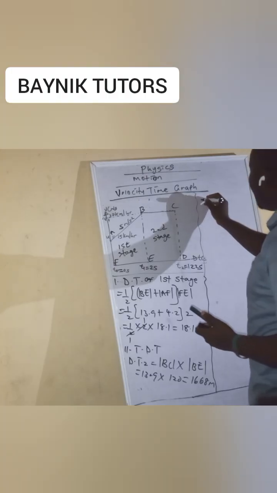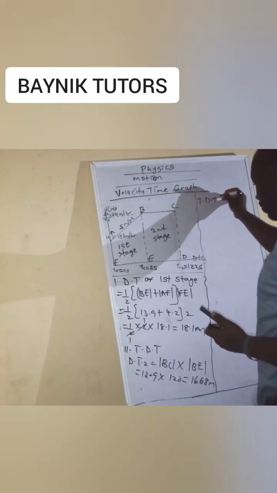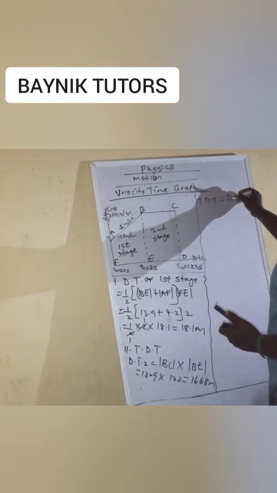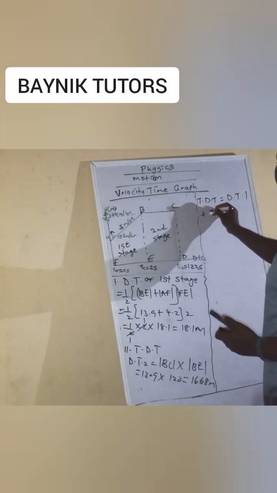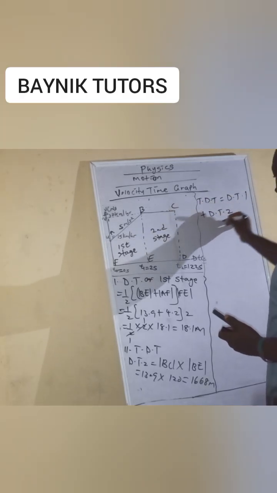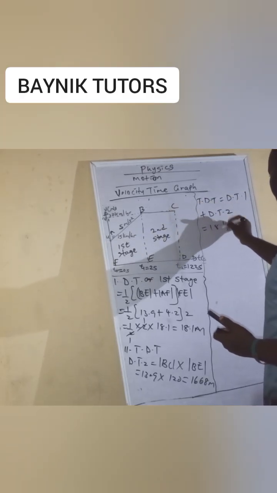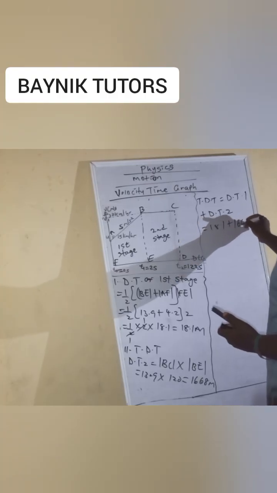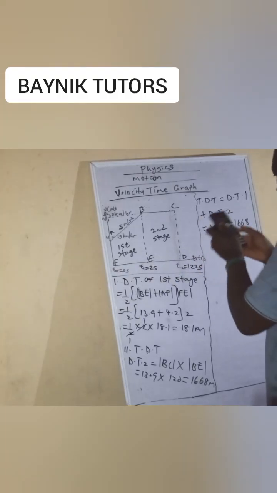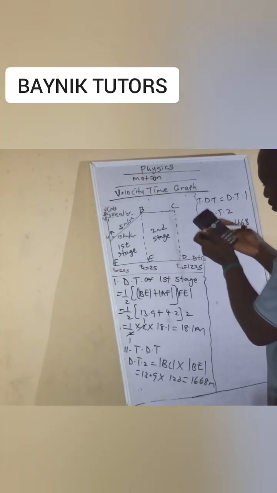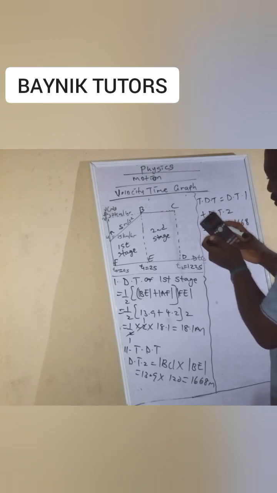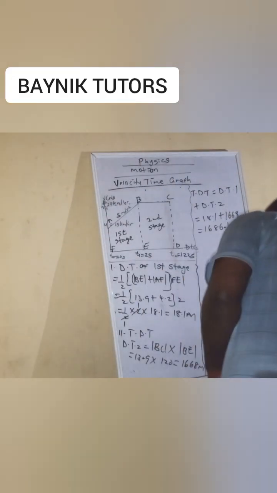So from here, we can say the total distance traveled will be dt1, the first one, plus dt2, the second one. So here it is 18.1 plus 1668 meters.